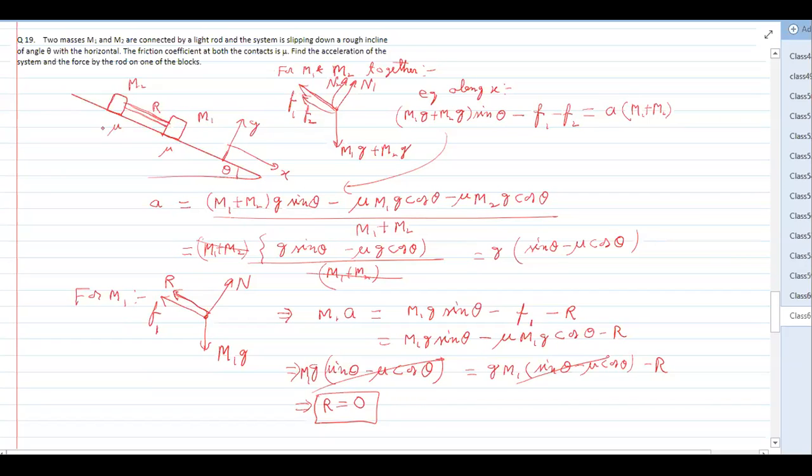And if they have the same friction coefficient, they slide with acceleration and no reaction force is developed. This is occurring because both M1 and M2 have equal smoothness. So because of this we are getting this result.